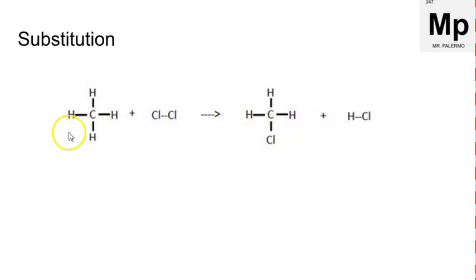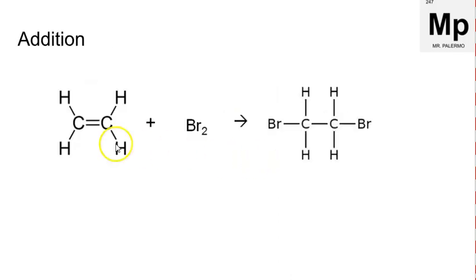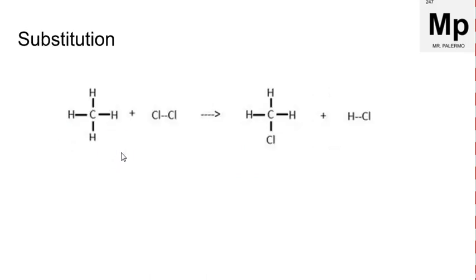So the hydrogen came out and bonded with chlorine to make HCl, and then this 1 chlorine came in here and took the place of hydrogen. So again, the addition has the unsaturated alkene or alkyne, and substitution is a single bond, it's all alkanes.